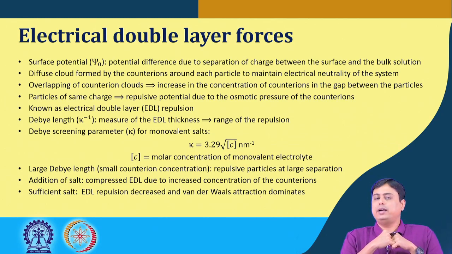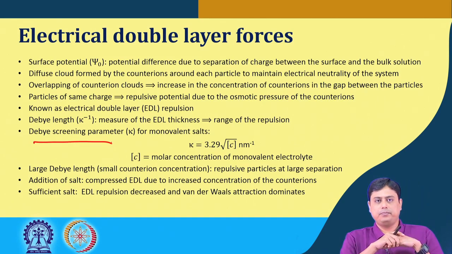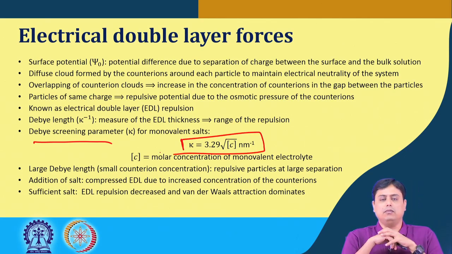It is quantified by the Debye length. So, it is a measure of this electrical double layer thickness, basically this Debye length, and it also provides an estimate of the range of this repulsive force, where kappa is the Debye screening parameter, and for monovalent salts this is written in this form, which has a relation with the molar concentration of the monovalent electrolyte.